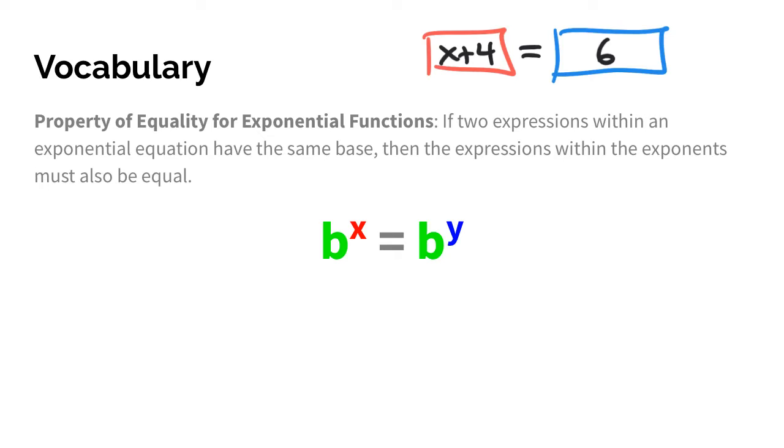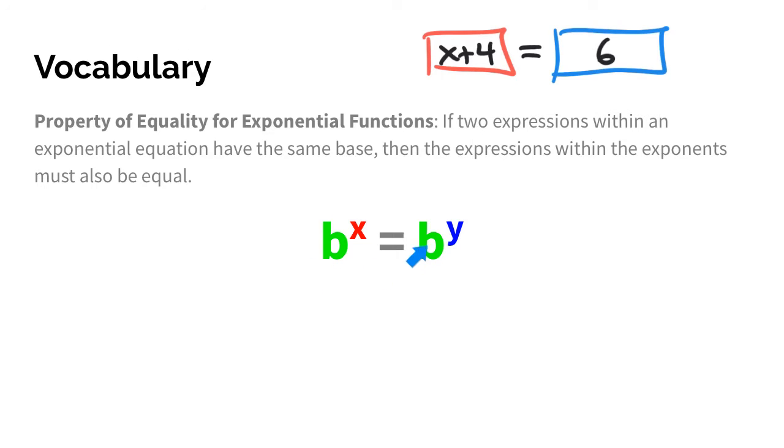So here's kind of the idea. When we look at exponential equations, we're going to have, again, two expressions, but within each expression the thing we're trying to solve for, our variable, is going to be held within the exponent. So in terms of an exponential equation, two expressions are going to be equal as long as they have the same base.